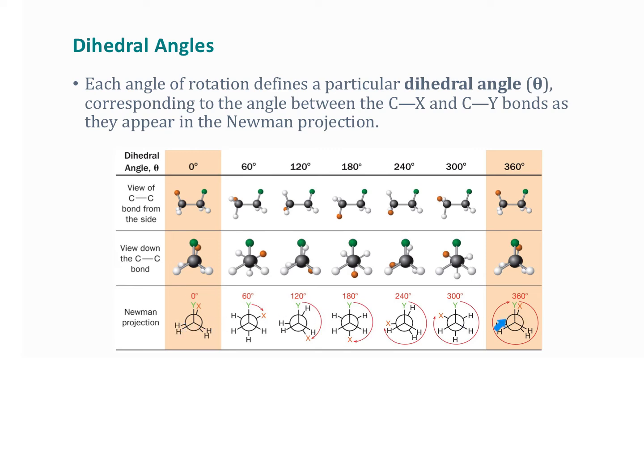So there's the Newman projection. If you view down that carbon-carbon bond, there's your Y and there's your X. They're color-coded. The Y is still in front, and there's the X. And then the Y, and then the X. And now they're on opposite sides of each other. This is what corresponds to what we're looking at here.